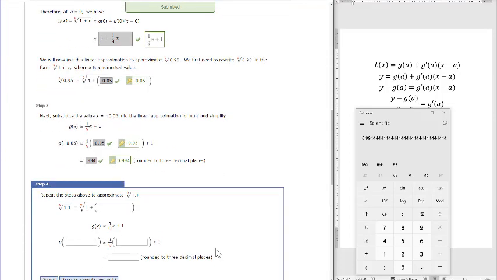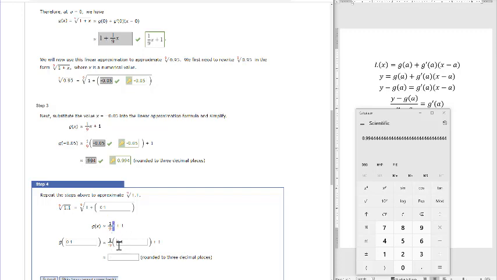And I want to do the same thing over here. A 0.1 added to 1 will give me 1.1, and so I would take my linearization, and I'm going to put 0.1 in for x.